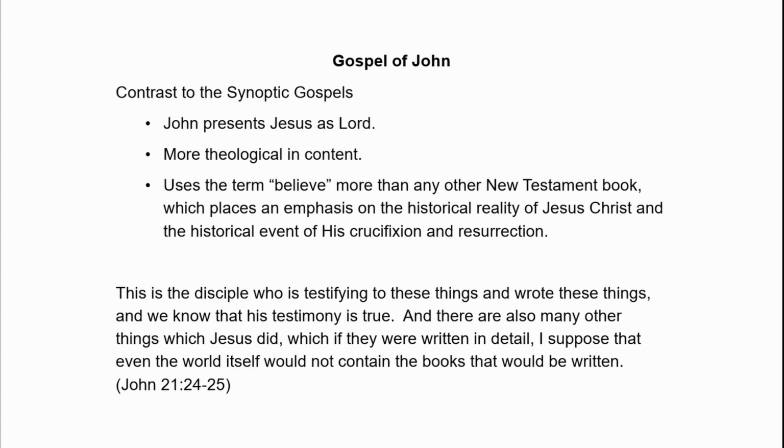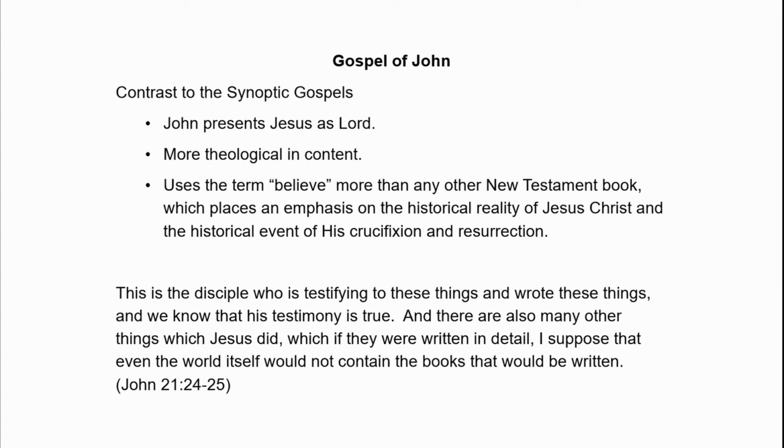Compared to the synoptic gospels, the Apostle John presents Jesus as Lord and writes a gospel that is more theological in content. From the very beginning, the book of John presents the divinity of the historical Jesus as the incarnation, God manifest in flesh.